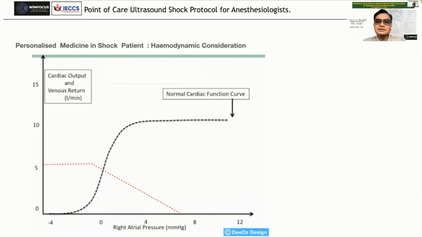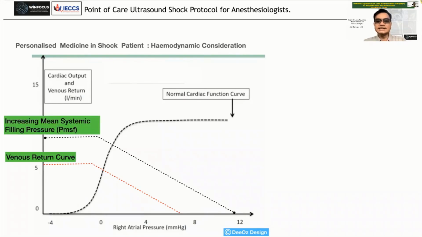But the true fact is, when we give fluid resuscitation or a fluid bolus, our aim is to increase the venous return, so that we might increase the mean systemic filling pressure. And if you look at right atrial pressure, your CVP, it does not get much different.